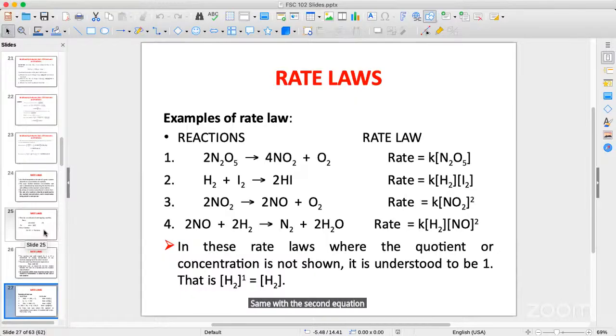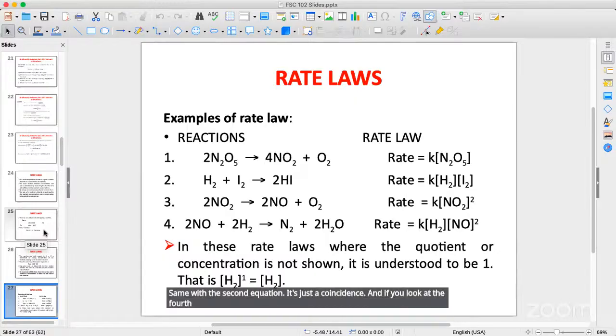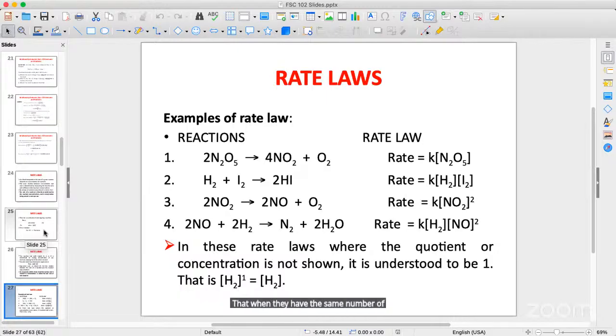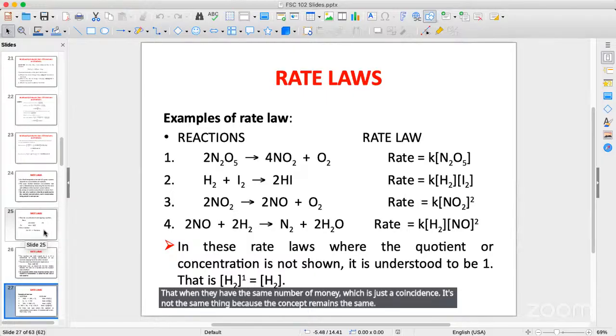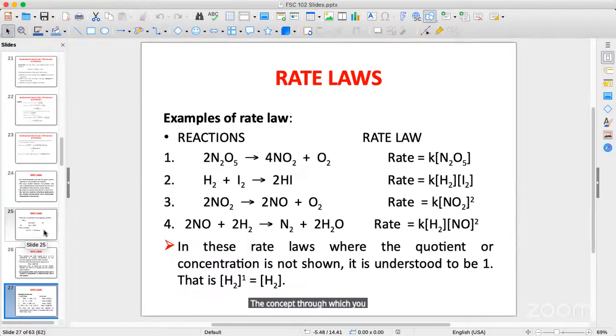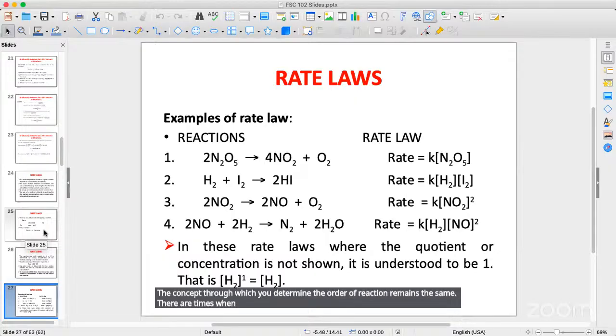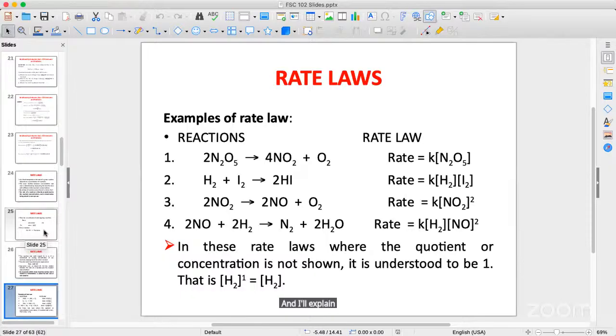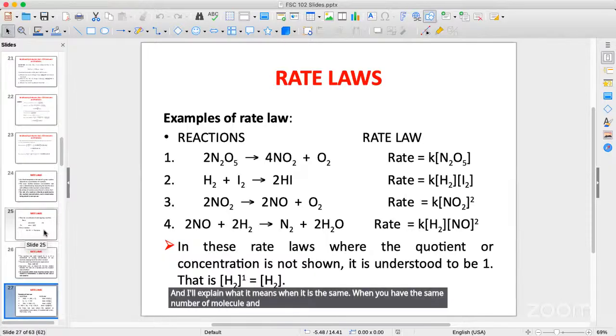And if you look at the fourth equation, you have one that has the same number of molecules and one that does not. That tells you that when they have the same number of molecules, it's just a coincidence. The concept through which you determine the order of reaction remains the same. There are times when it's the same, and I'll explain what it means when your number of molecules is the same thing as your order of reaction.